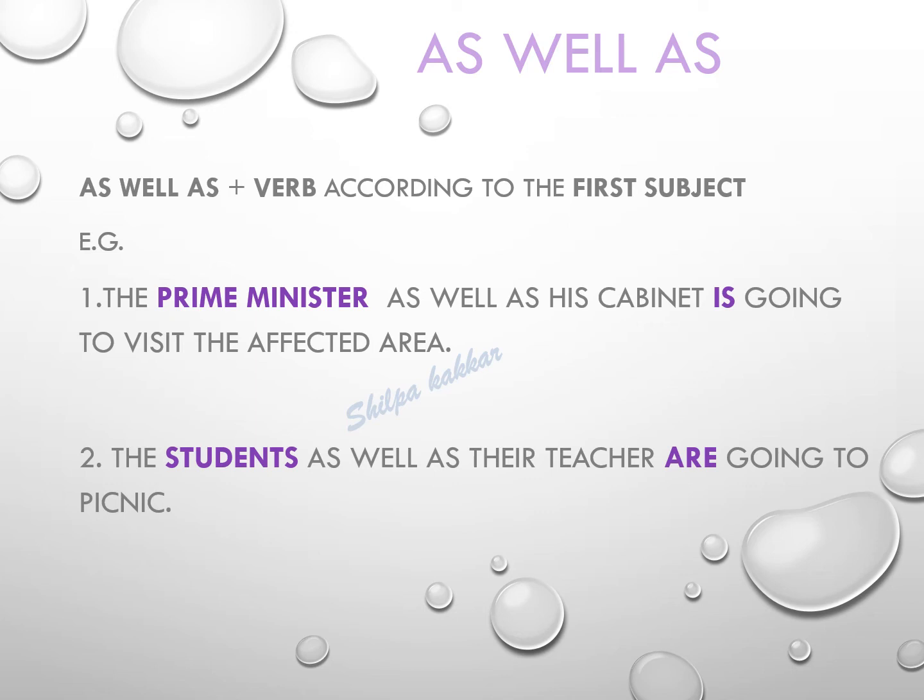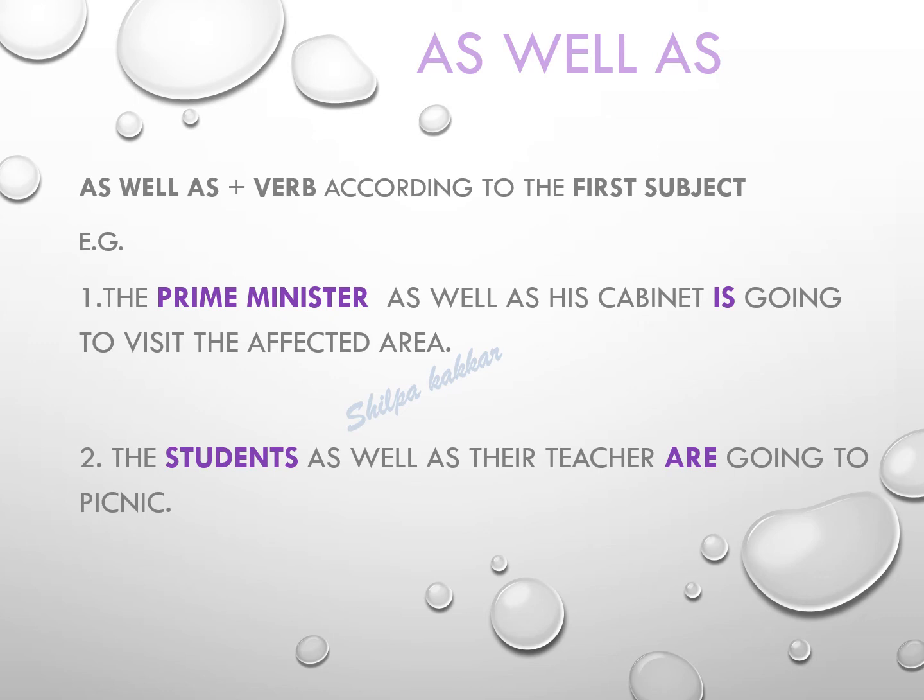Let us see another thing. For example, if a sentence has "as well as". When we talk about two things, at that time we use as well as. When such sentences are there, we have to keep in mind that we have to use the verb according to the first subject in the sentence.